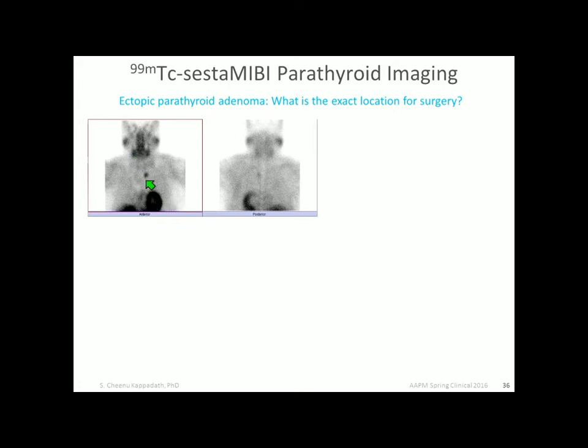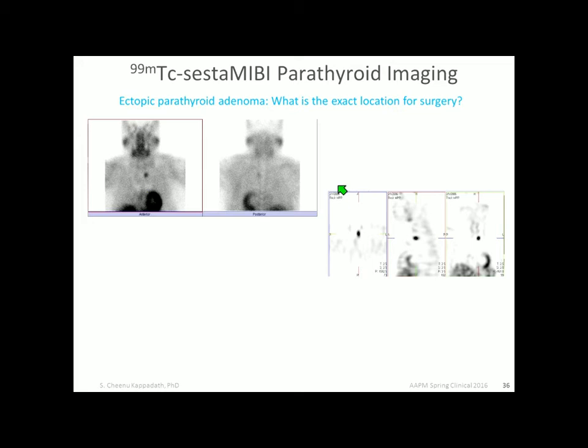Then you do planar imaging and identify the adenoma. In the past, this was exploratory surgery. You go in there, make a 6 or 8 cut incision, wander around trying to find this node, and cut it out. It was an overnight hospital stay, a pretty major surgery.